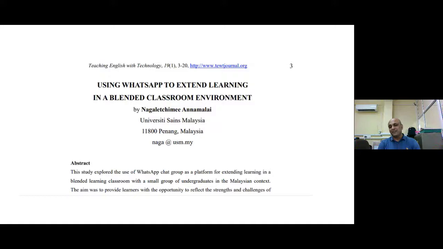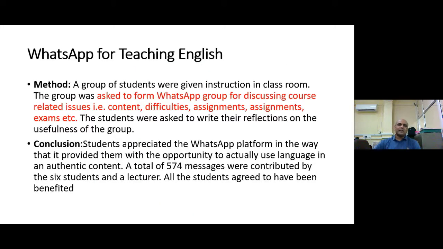in a blended classroom. Now, let's understand what this entire experiment was. Method: a group of students were given instruction in the classroom.